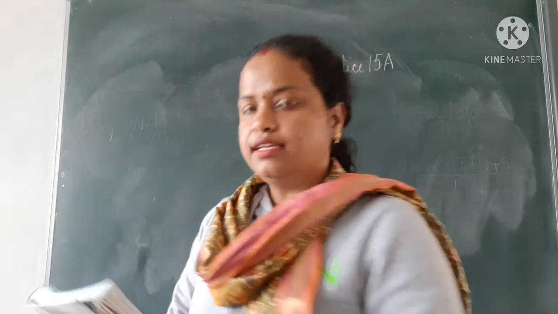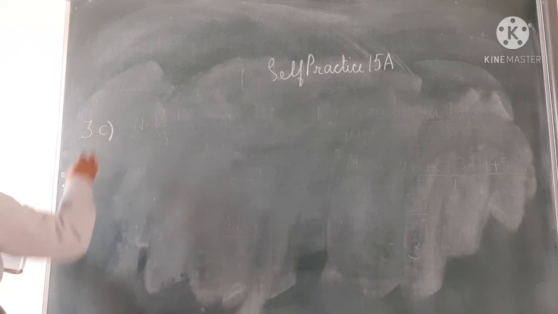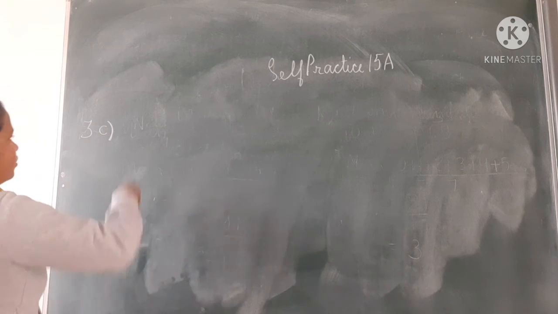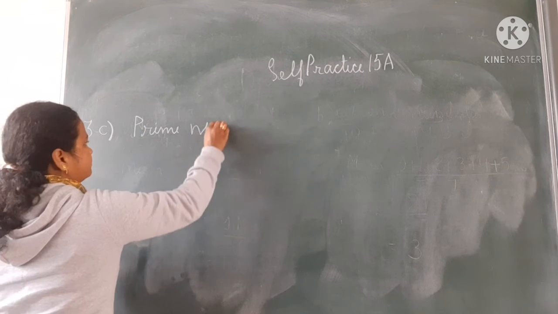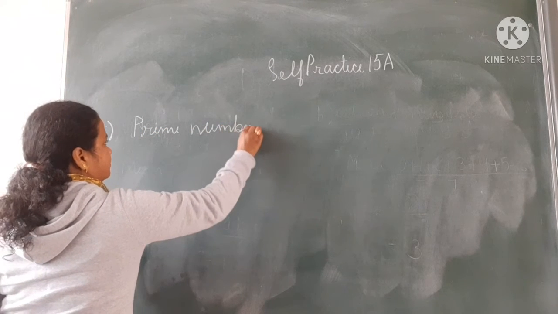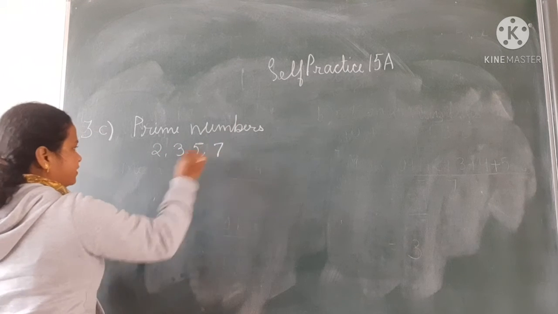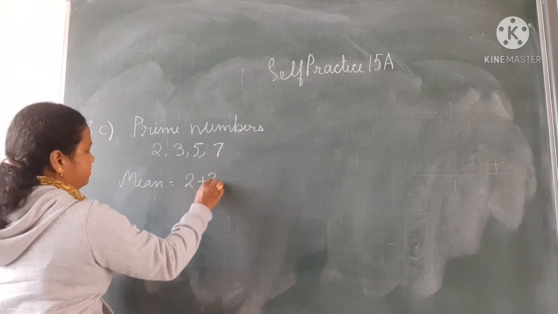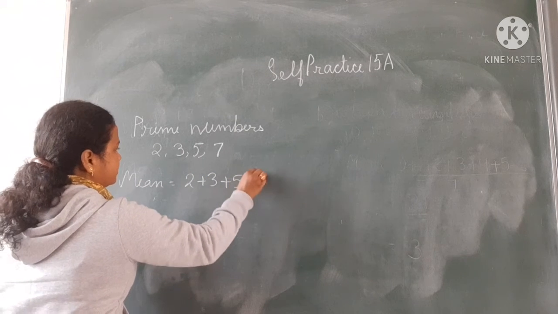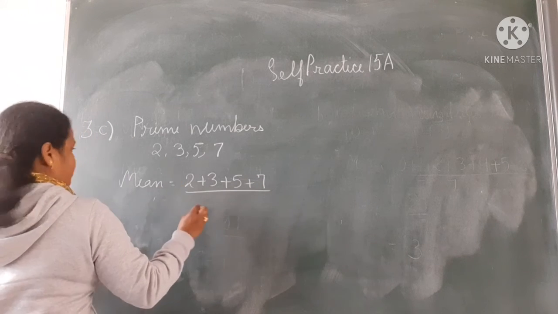Now see the third C part. Question number third, C part. Mean of the first 4 prime numbers. So what are the prime numbers? 2, 3, 5, 7. So what is its mean? 2 plus 3 plus 5 plus 7 upon 4.